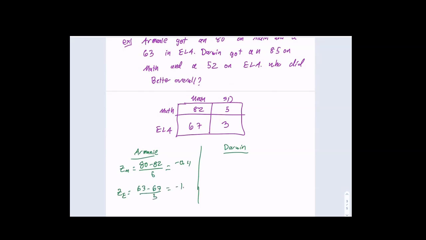Which is negative 1.3. So Armani did below average on math and below average on ELA. All right. Does that mean that Darwin did better? No, we don't know. We got to check.